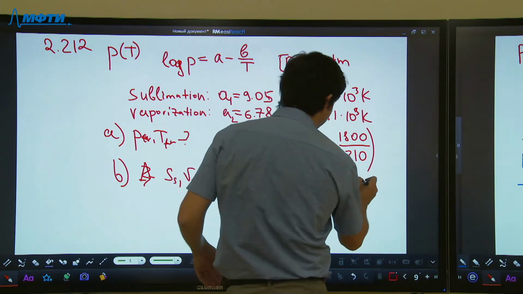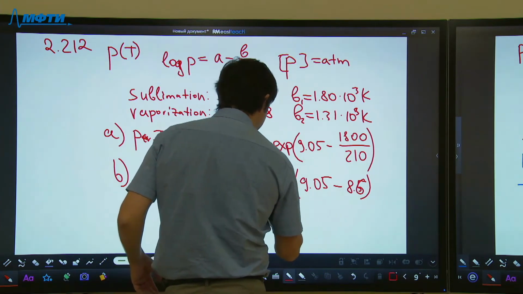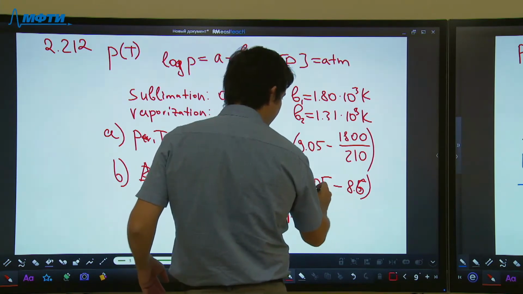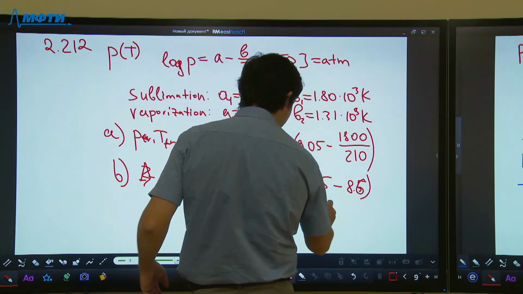Probably it's closer to 8.6. So that's approximately the exponent of 9.05 minus 8.6, so this is actually 0.45.